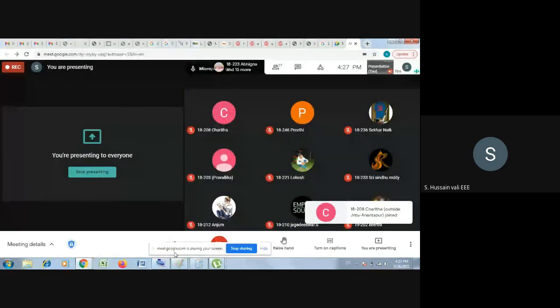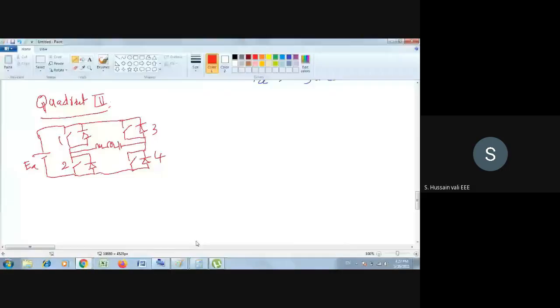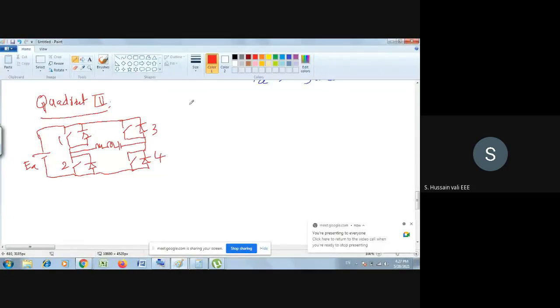So now you see the last quadrant, that is the fourth quadrant chopper. In the fourth quadrant chopper, what we do is, first S4 is on. If S4 is on, you see yourself now.